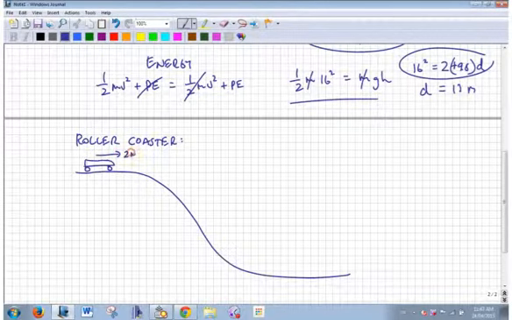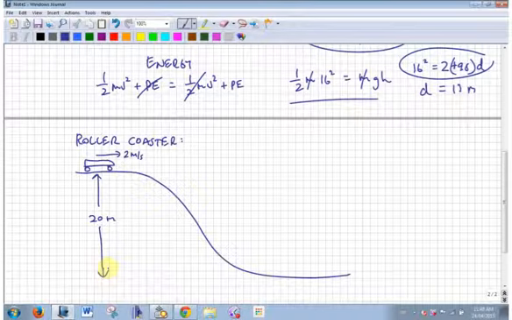So this thing is moving at 2 meters a second. It doesn't free fall, but goes down 20 meters.